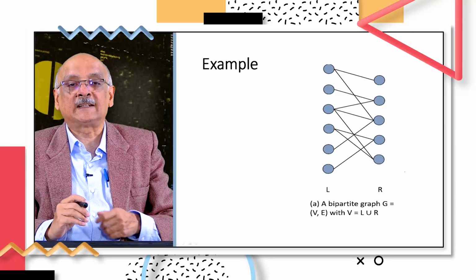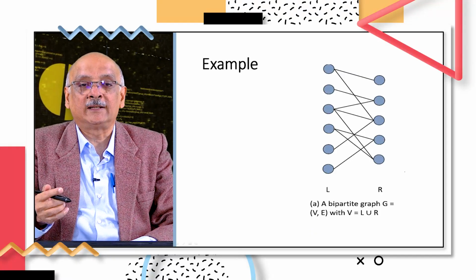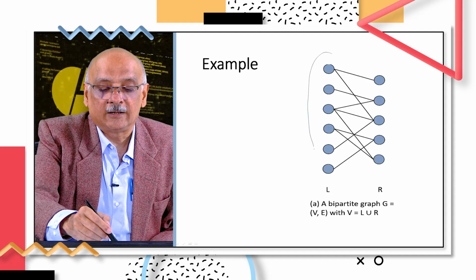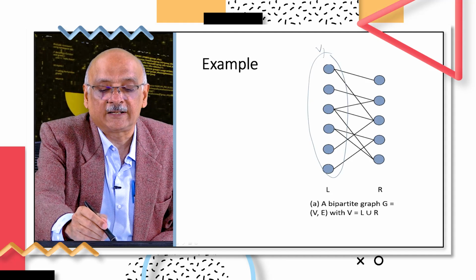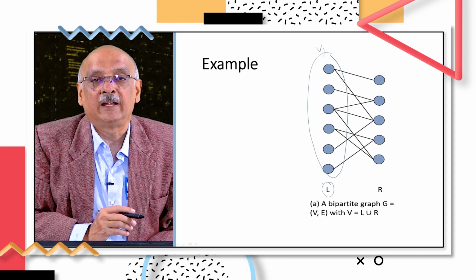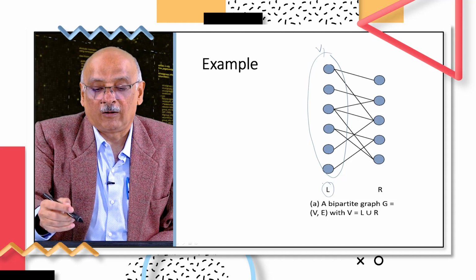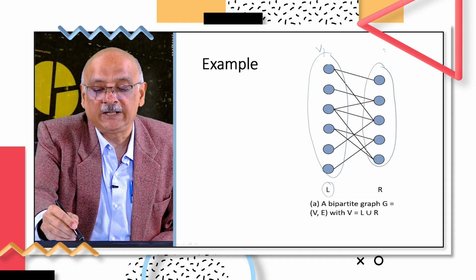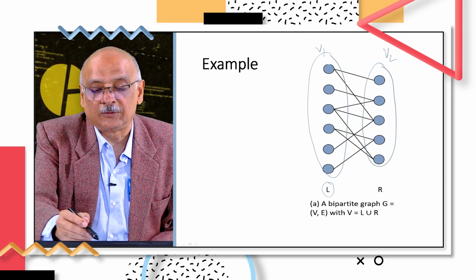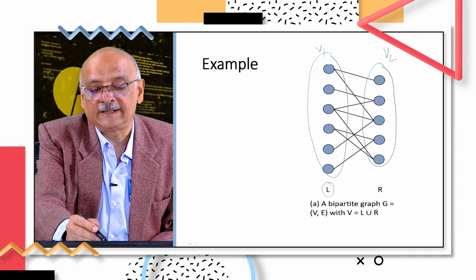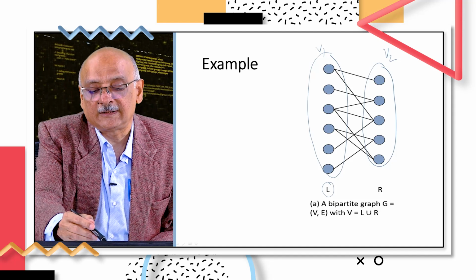So, if all the edges are going from set V1 to set V2, then you have a bipartite kind of graph. This is a typical example of a bipartite graph where the V1 set is represented by the left nodes, and the V2 set is represented by the right nodes, and you can see all the edges are from V1 to V2.